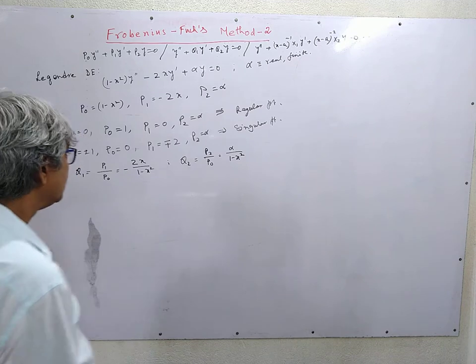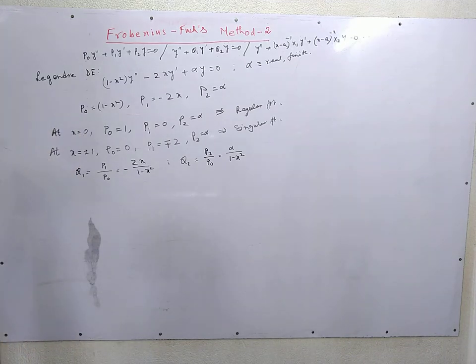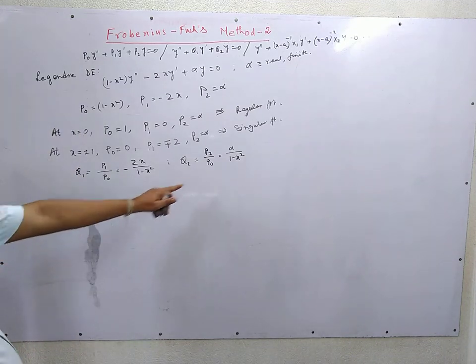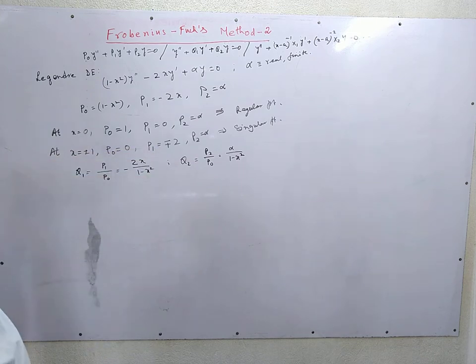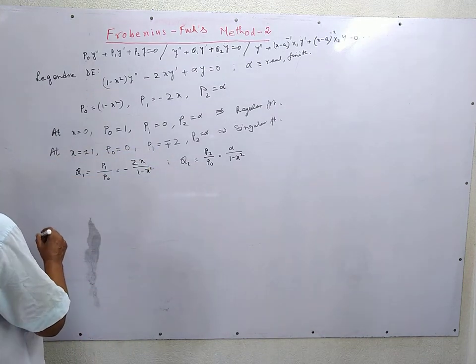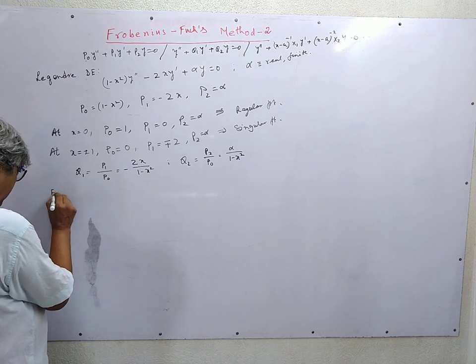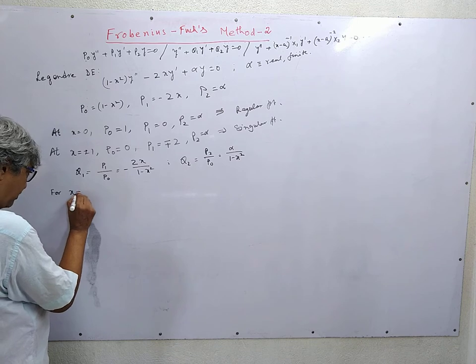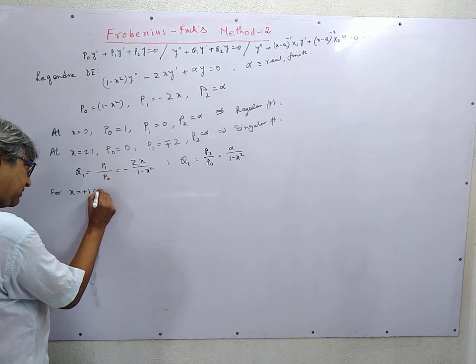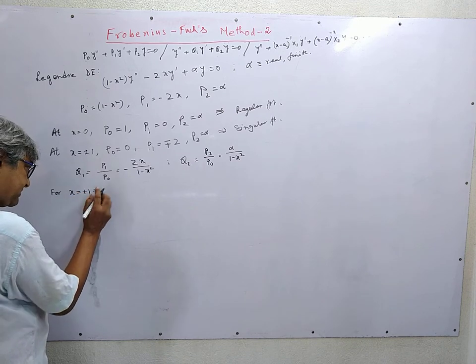At x equal to 0, both Q1 and Q2 are finite. At x equal to plus minus 1, both Q1 and Q2 diverge. So for x equal to plus 1, this is equal to a. Note that this is a.